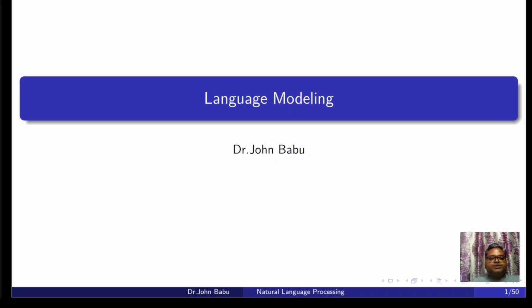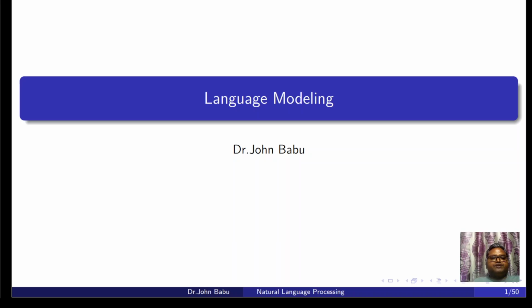Then, in the second half of the third unit and the fourth unit, we have seen what is semantic parsing, what are the methods used for semantic role labeling, what is word sense disambiguation, what is predicate argument structure, and what are the different systems, resources and software used in each case.